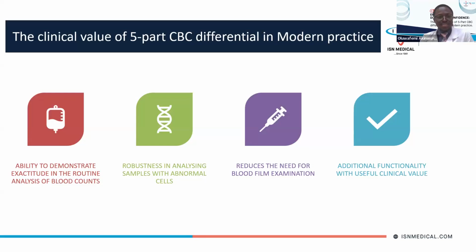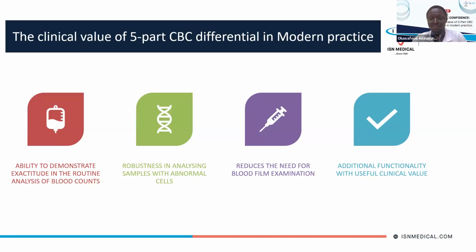So if you are going to look at the clinical value of your five-part CBC differential in modern practice, it has the ability to demonstrate exactitude in routine analysis of blood counts. It has robustness in analyzing samples with abnormal cells, as we have seen during the discussion.